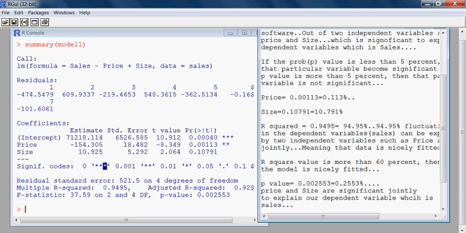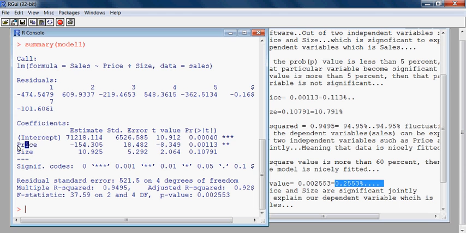And we are also happy about it because price and size, these two variables are jointly significant to explain our dependent variable, which is sales, right? Because p value is less than 5%. That is why it has been significant. So this model is very good because the price is significant and R squared.